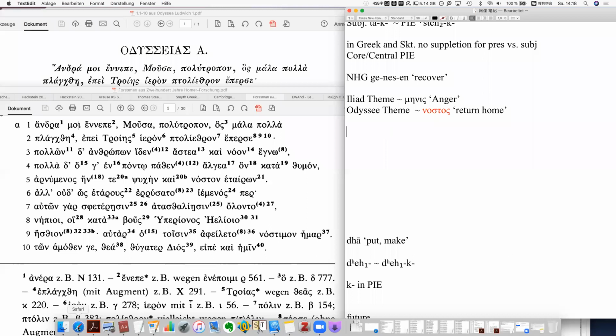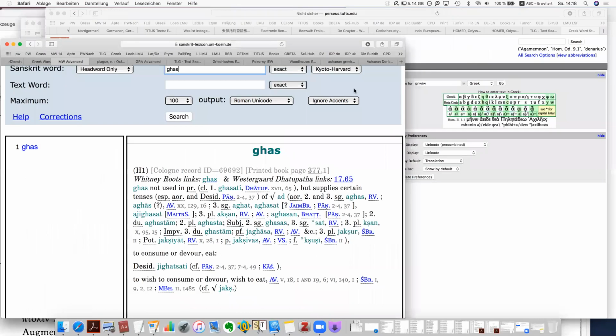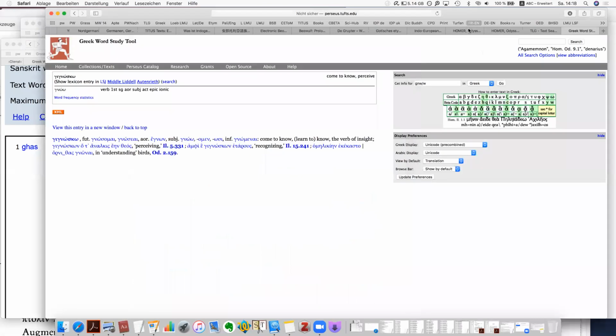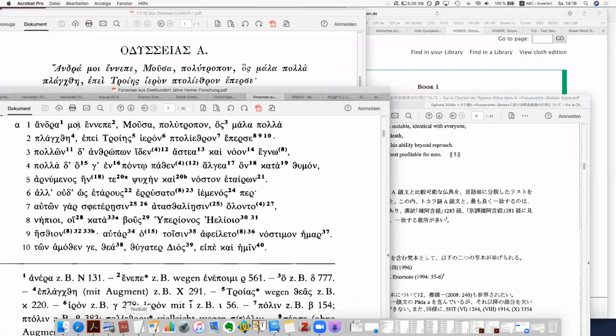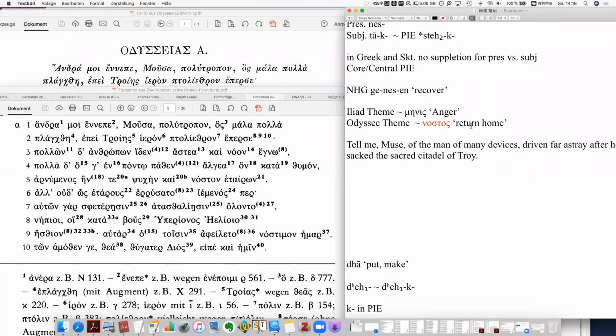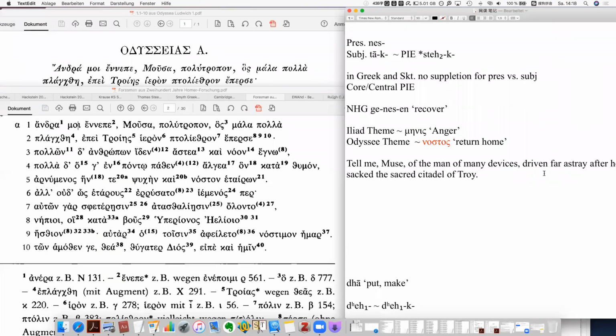I can give you the English translation if you need it, so that you have a basic idea of the content. Tell me, muse, of the man of many devices, driven far astray after he had sacked the sacred citadel of Troy.